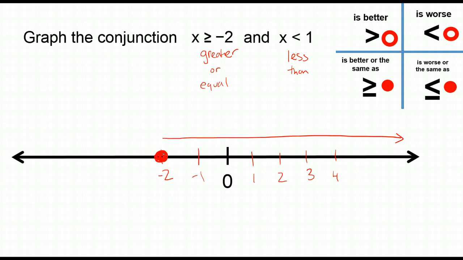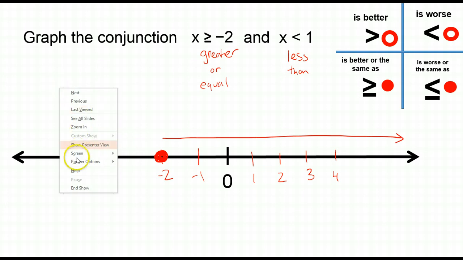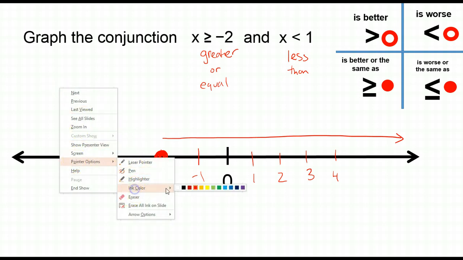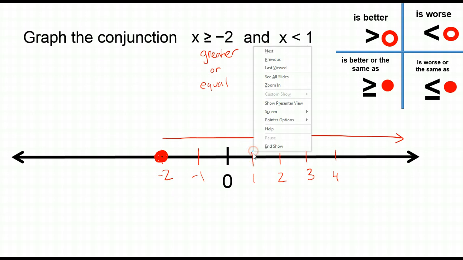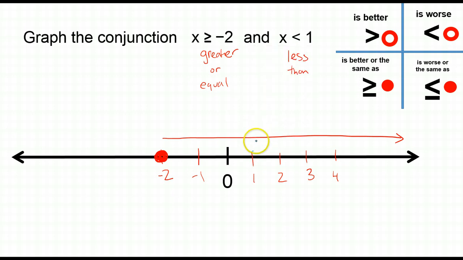Closed. All right, so I'm going to put this in a different color. Put this in, I don't know, blue. All right. So 1, open or closed circle on 1? Open, right? All right. What are some numbers that are less than 1?